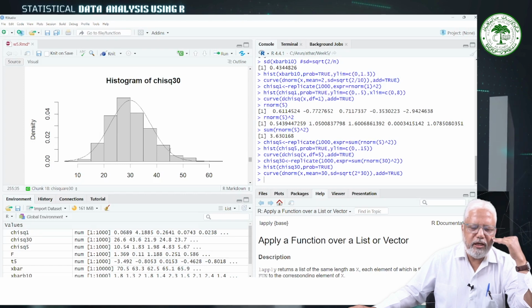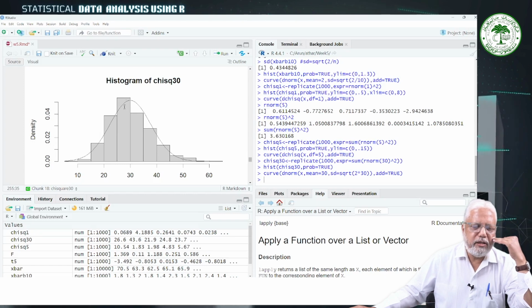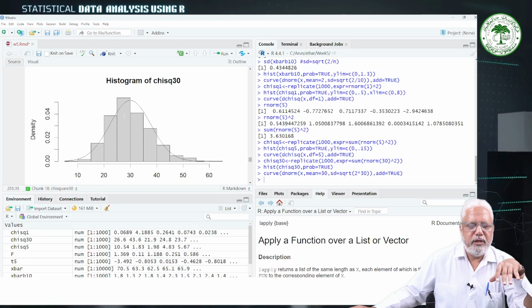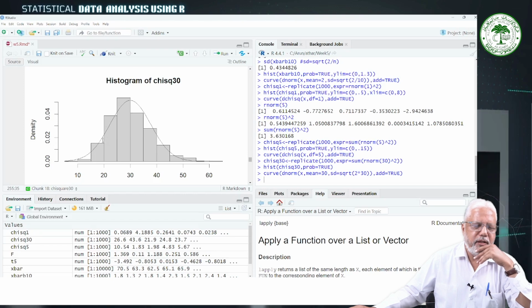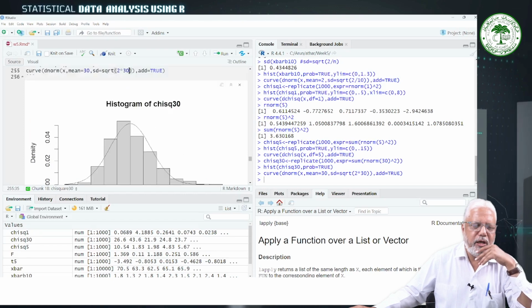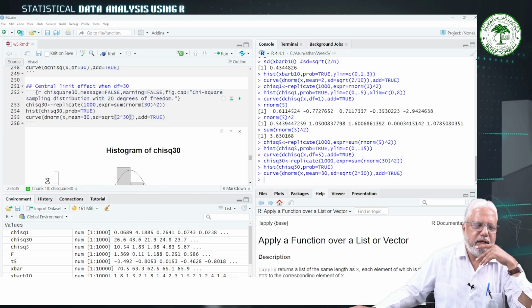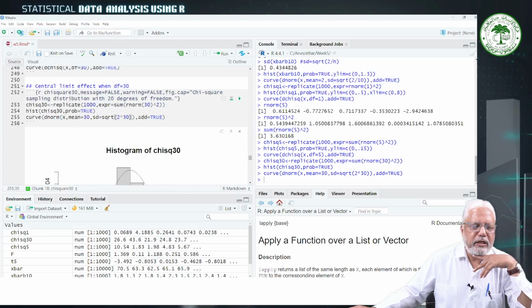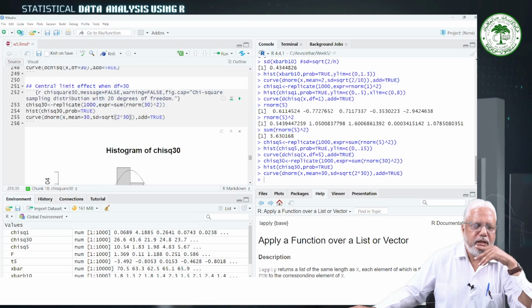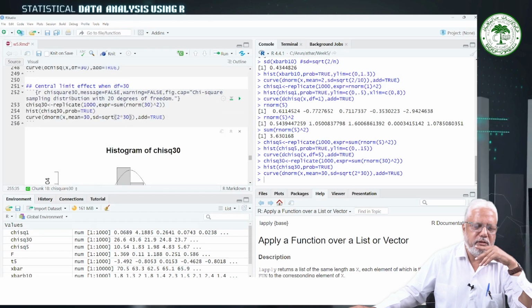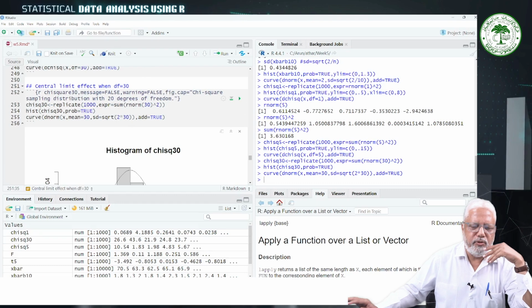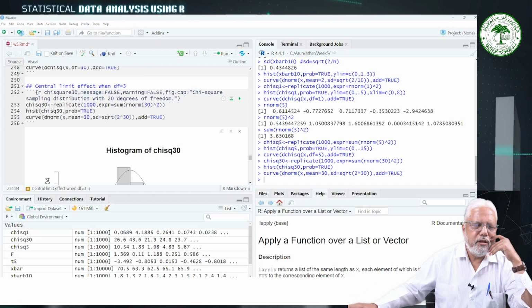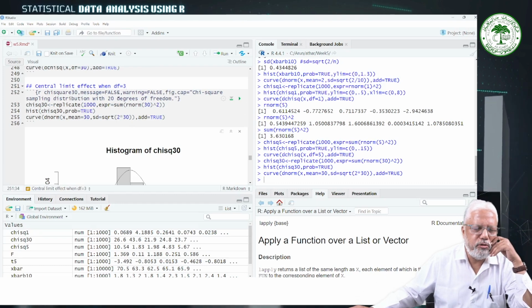But here again we find that central limit effect is not very good, because distribution is right skewed and here the function is symmetric. So normal approximation does not work well, even despite the fact that the degree of freedom is 30. When we make a smaller degree of freedom, say for example 3, see what happens.